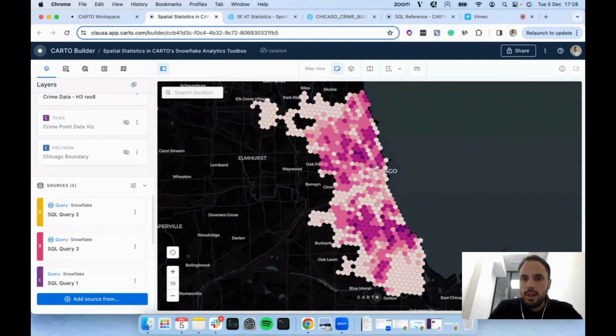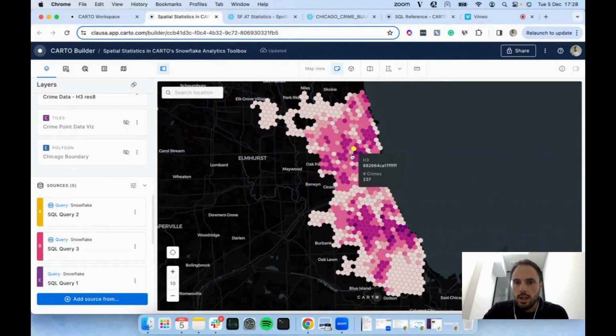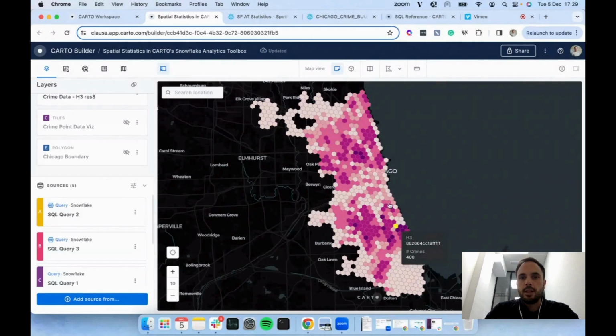So basically, if I find a location with a high rate of crime, are locations around it also showing a high rate of crime, or the other way around? In this case, we can see that the data doesn't look very random. It actually looks like there is some pattern here. But let's calculate this number.